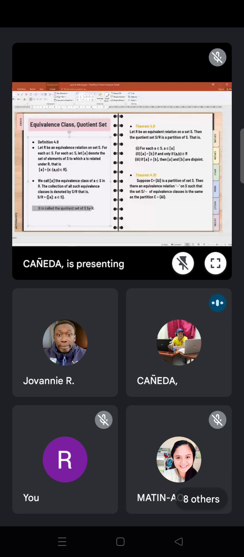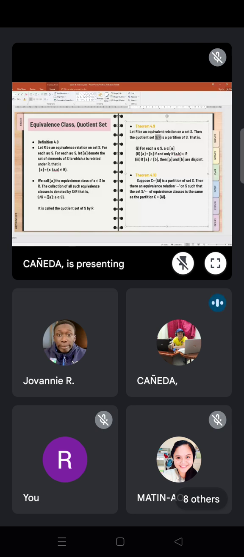So by theorem 4, R is an equivalence relation, and if A is equivalent to B, the equivalence set of A and the equivalence set of B are one equivalence set, sir.